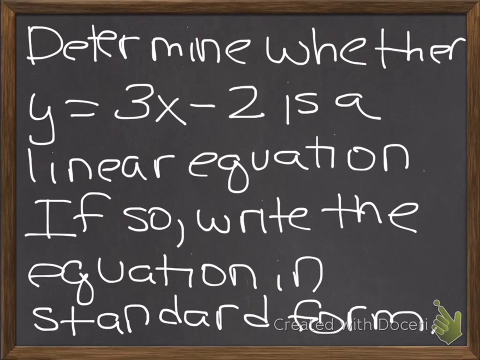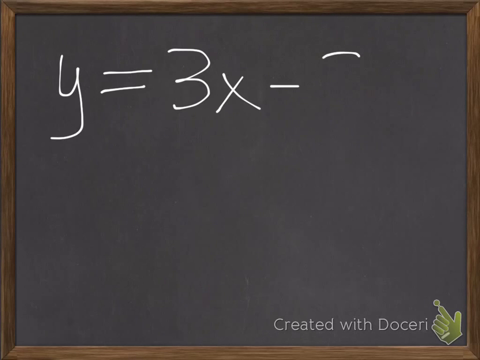So we're going to write it in standard form by moving the x term to be with the y term. So we have y equals 3x minus 2. We need to take the entire x term and move it to be with the y term.